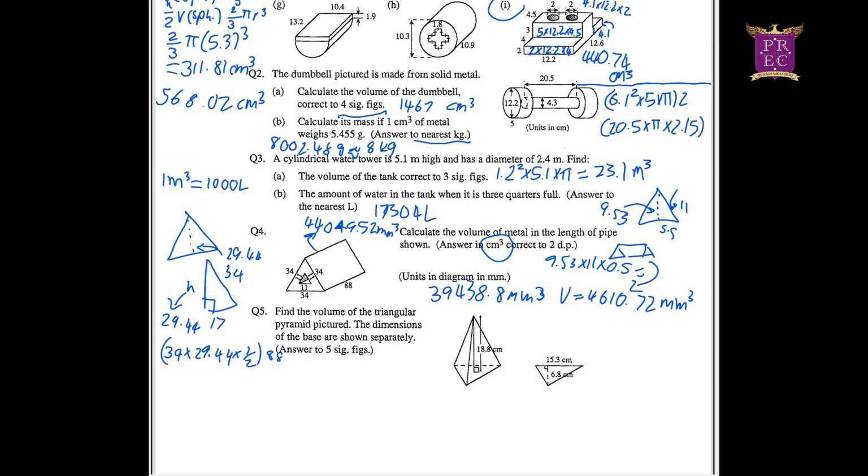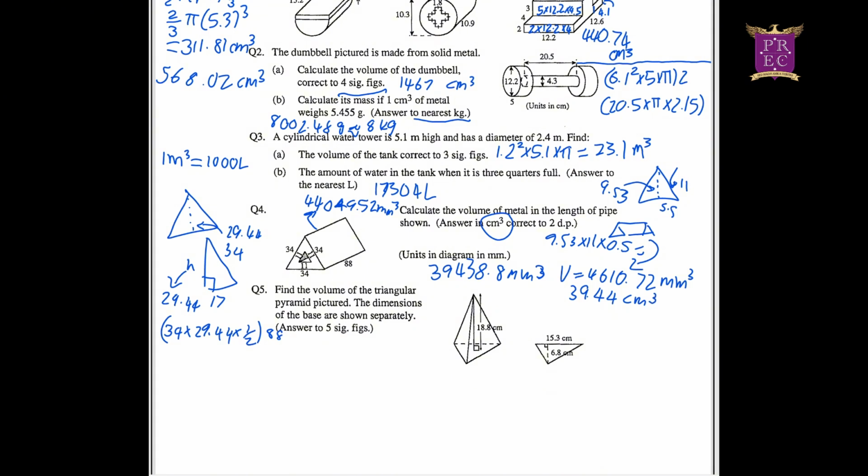To do that, we just divide this by 1,000, which gives us 39.44 cubic centimeters.